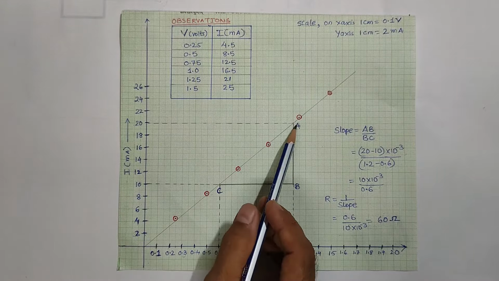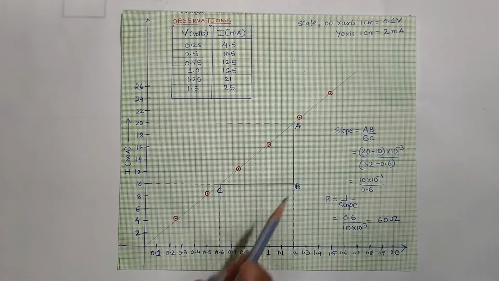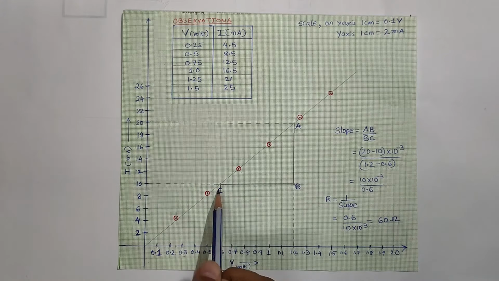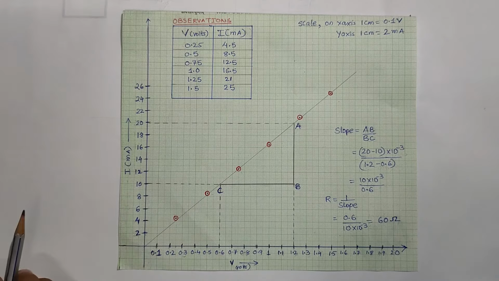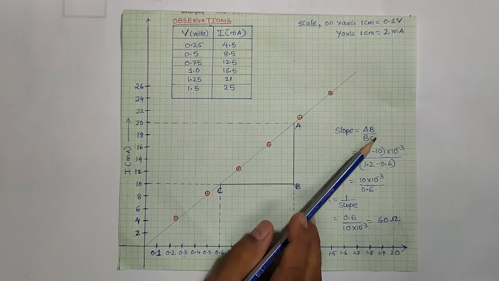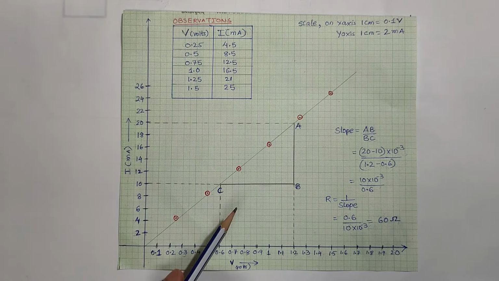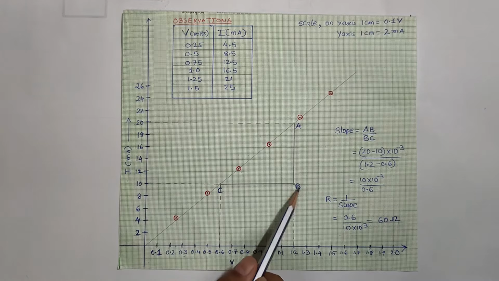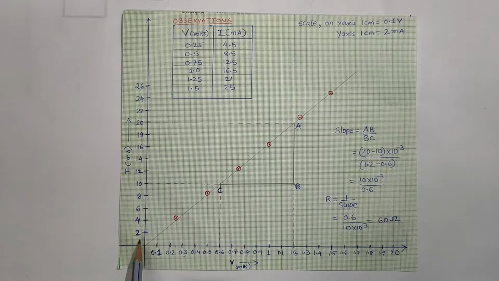You can take any points from the line in such a way as I have taken here as A, B, C. Slope is calculated as AB upon BC. Here, the value of A is 20, B is 10 on the y-axis.